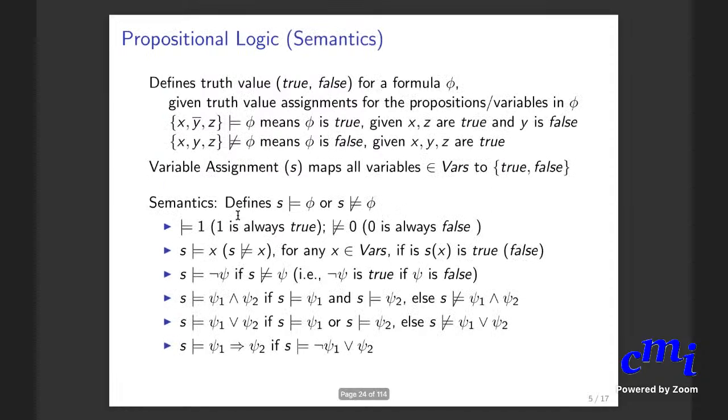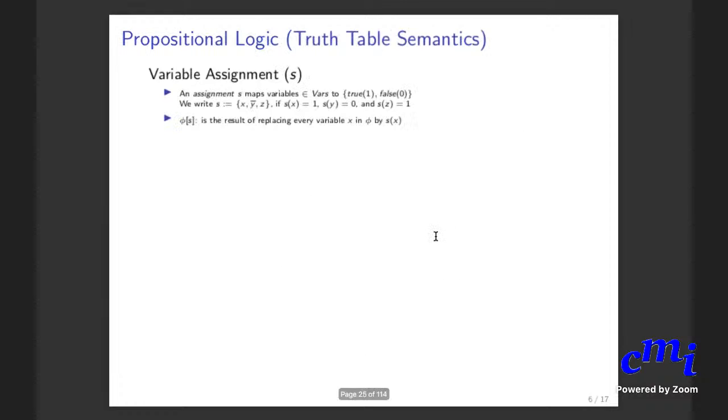You can notice that the constant one, since it is true for all possible variable assignments, can be viewed as true, and zero as false.